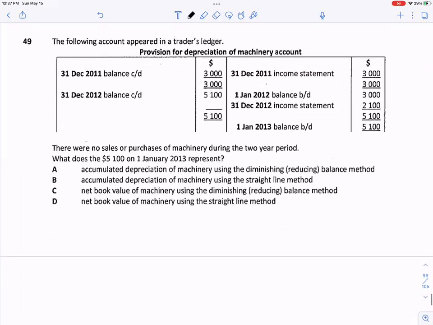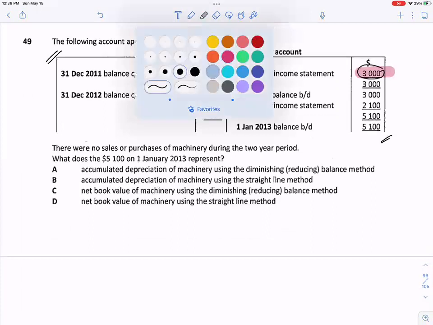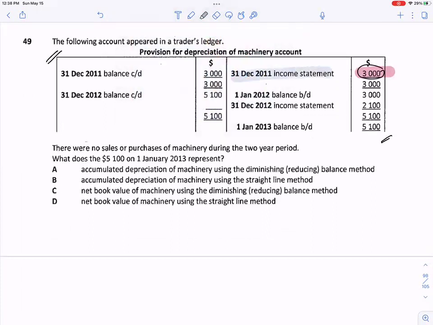Come on, let's understand this format of the provision for depreciation account. What does this mean? Opening balance will be balance b/d. What does this amount mean?